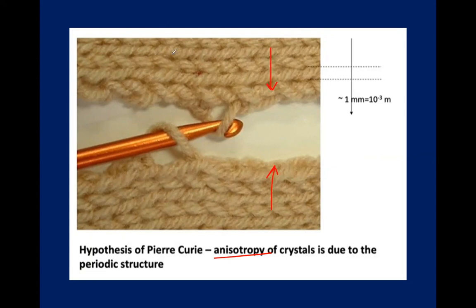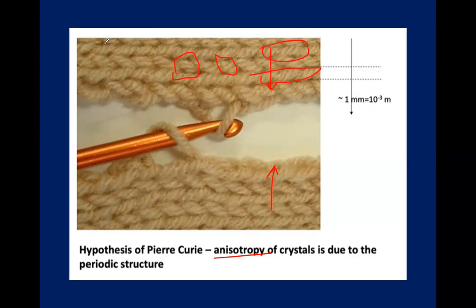One important thing here is you can see this repeating unit. You have some repeating units, right? These ones are repeating, and also these ones are repeating. So there can be several repeating units in one crystal.